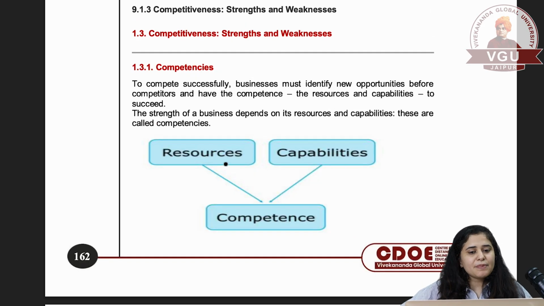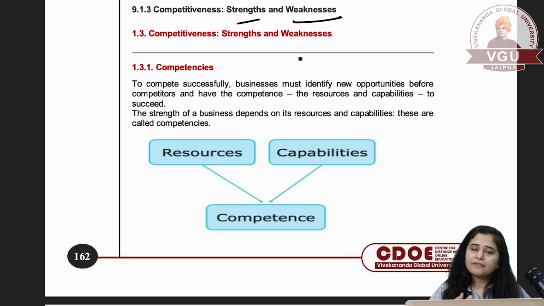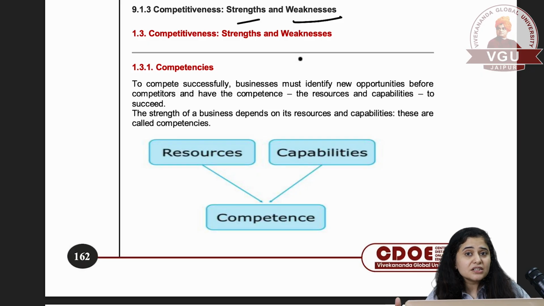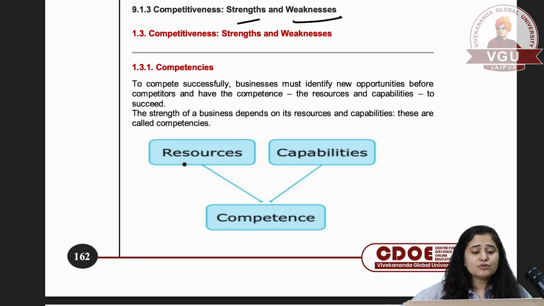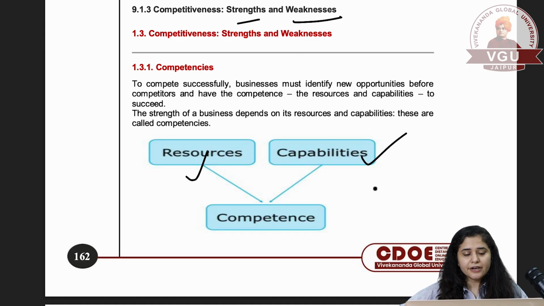The next part of the SWOT analysis is strengths and weaknesses. There are new opportunities which we identified before the competitors, and then we need the competence. We are better than them in terms of resources and capabilities, so we are competent enough.